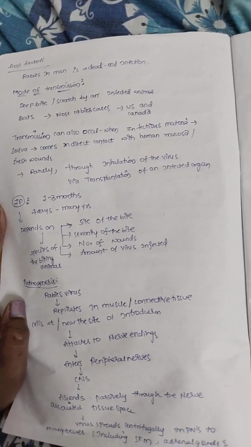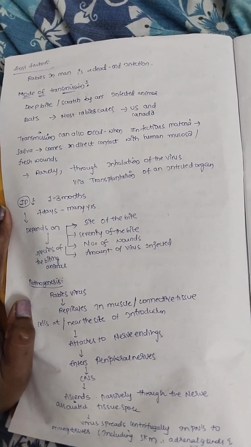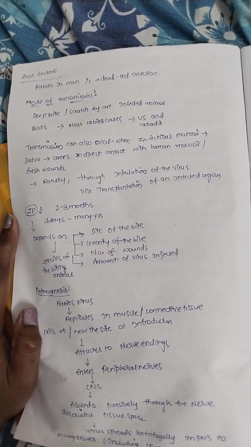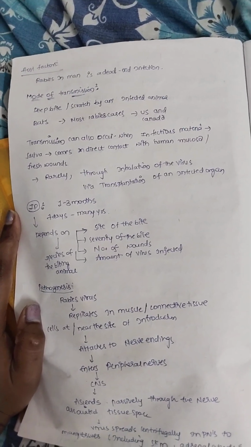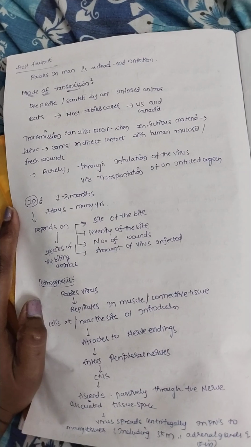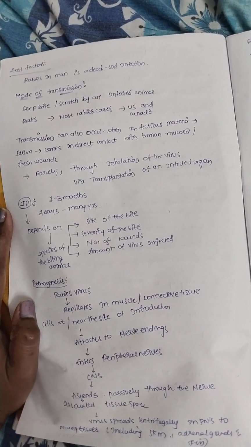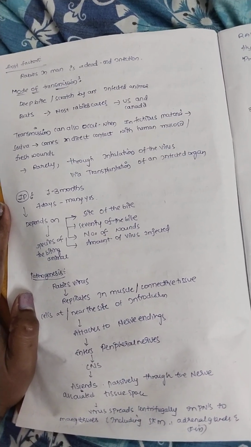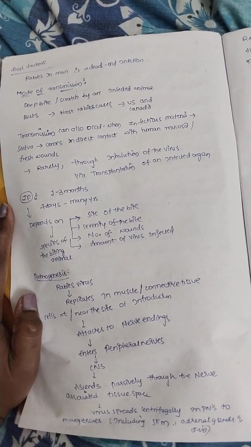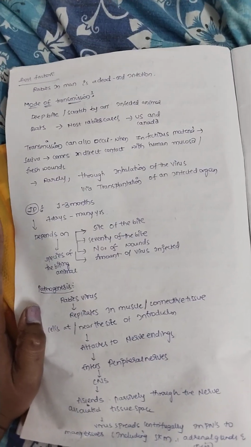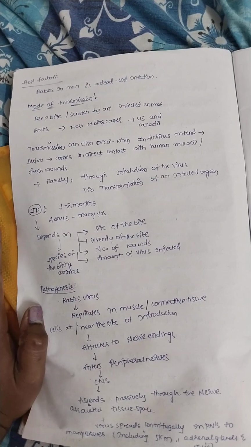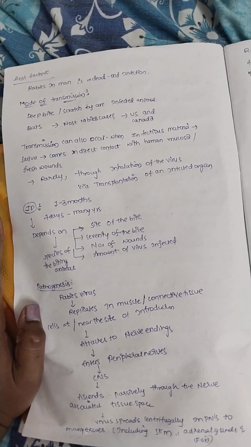Transmission occurs when infected saliva comes in direct contact with human mucosa or fresh wounds. Rarely it occurs through inhalation or transplantation of an infected organ, but we won't get the virus by eating the rabid animal.